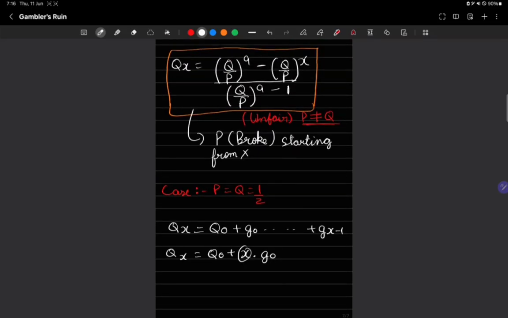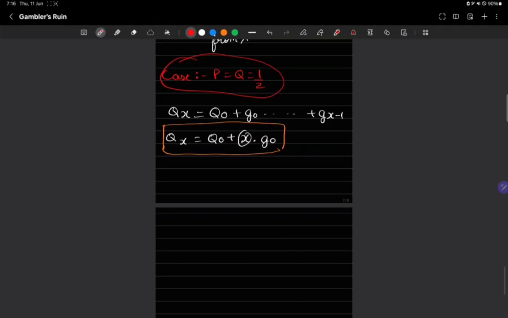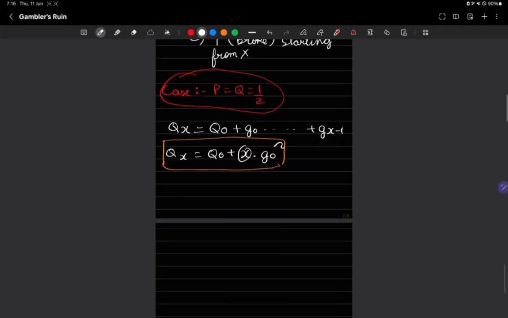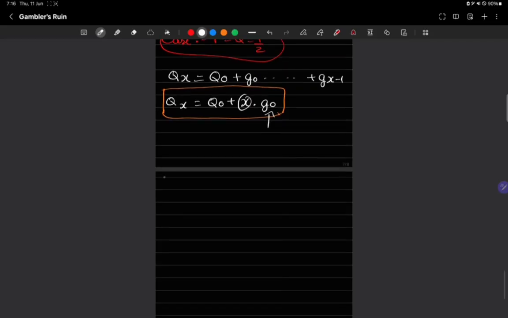Because this time the gaps that are happening will be equal. So our Qx becomes this in the case of equal probability. Now we need to find G0 again.